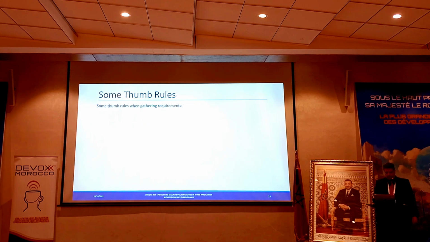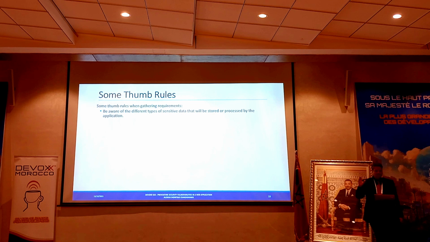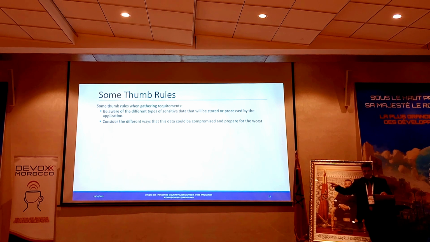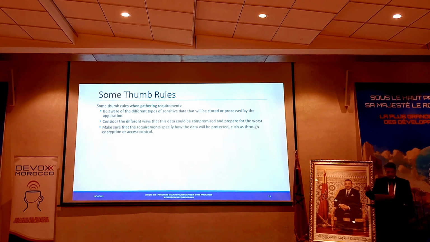Now, some rules of thumb when you're going to do that. Be aware always of the sensitive data that will be stored or processed by the application. Keep them always in mind. Consider the different ways that this data can be compromised and prepare what you're going to do if this data is actually compromised. Make sure that your requirements specify how the data will be protected.